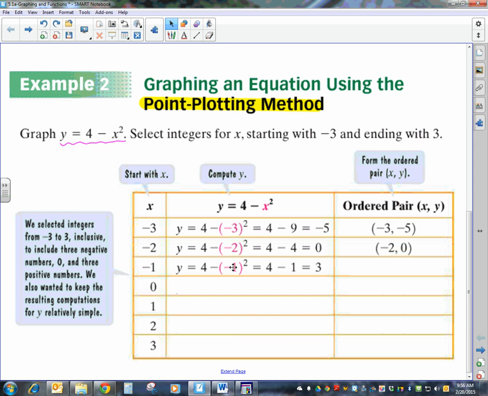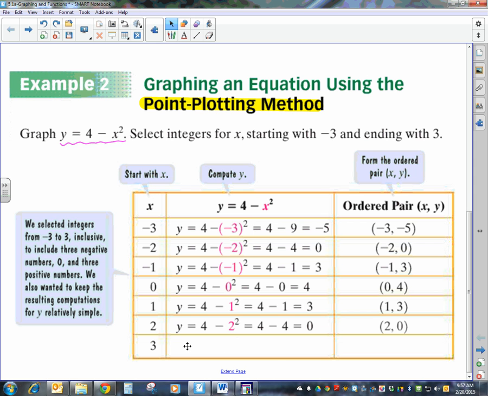Again, plugging in for x and simplifying, I get 3, so my ordered pair is negative 1, 3. When you get to the positives, you don't have to put parentheses around them because it doesn't matter, but the negatives you must. Put in positive 1, I get 3. My ordered pair for positive 2 is 2, 0. And my ordered pair for 3 is 3, negative 5.